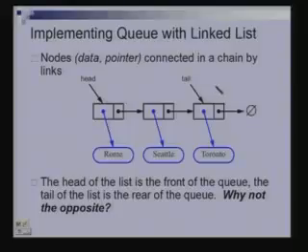Now, if I am going to use a linked list to implement a queue, then the question is whether this should be the front of my queue or this should be the front of my queue.